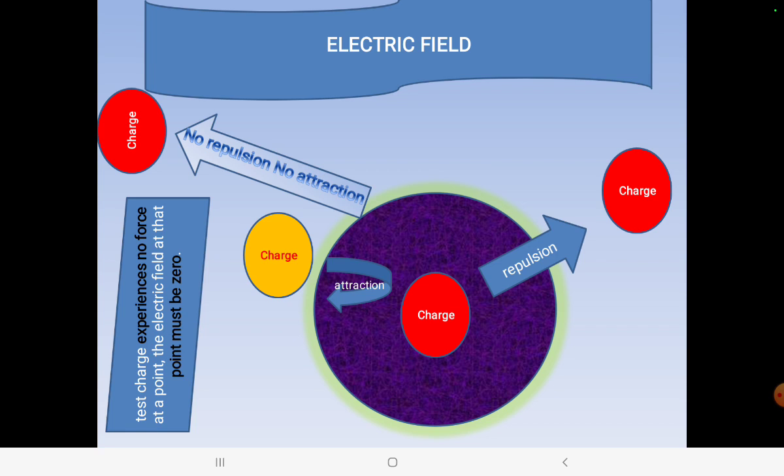Here I have taken one charge. That charge will show its influence. For example, in this blue color area, it shows a high influence, a high effect; it affects more strongly the charge that wants to enter into it.